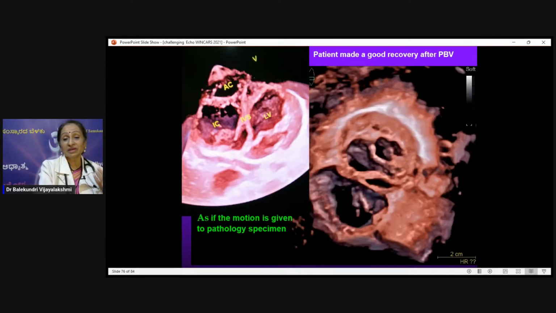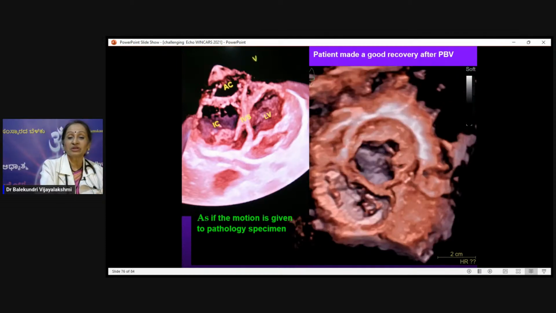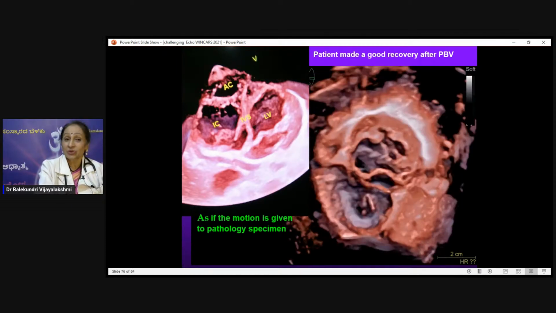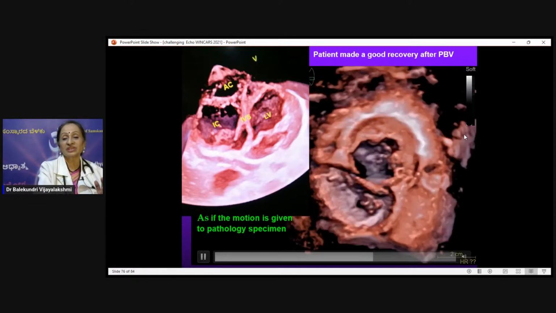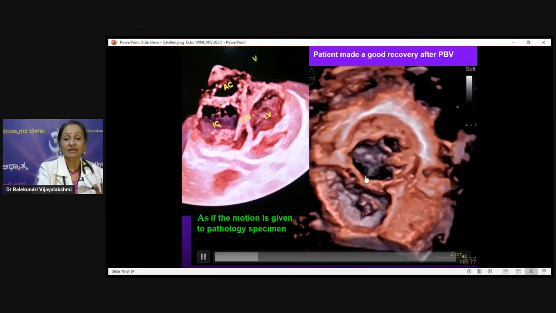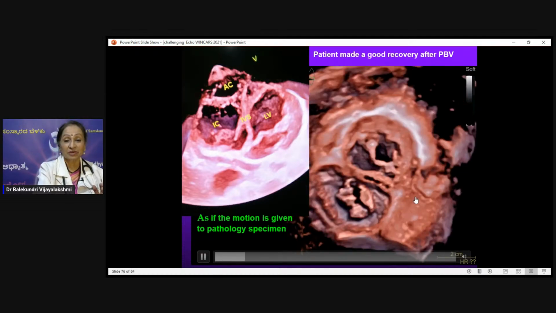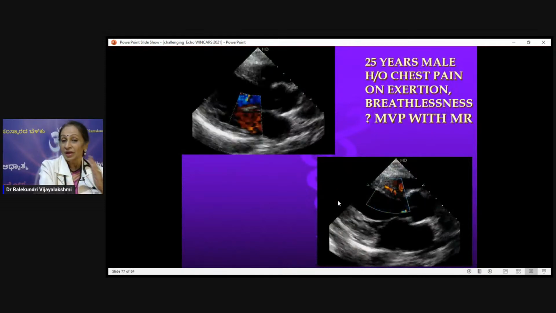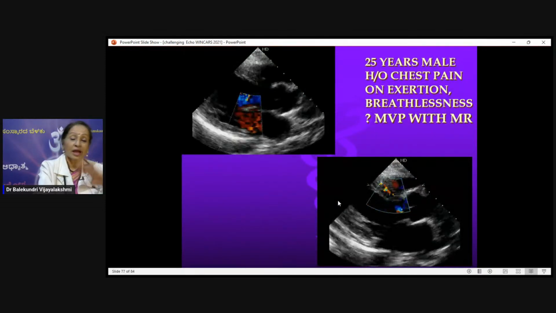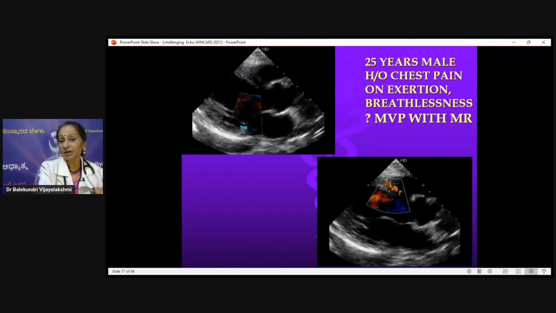In fact, even the surgeons cannot see like this because they would have given the cardioplegic solution and then the heart is not beating. But the 4D echo is so fantastic. You can see the split here. You can see the mitral valve, which is a tricuspid valve, and the split interventricular septum. And then I did the balloon dilatation. The saturation improved and the child became much better. And then we referred for surgery for the double chamber RV.